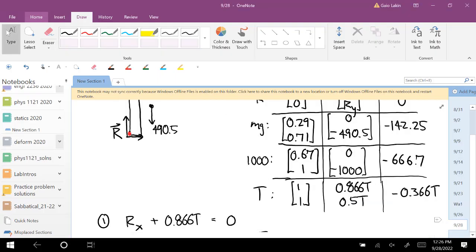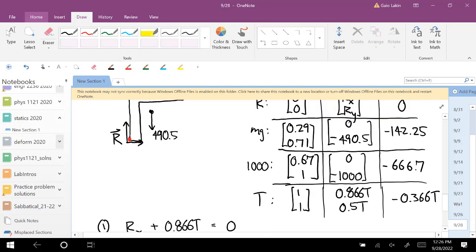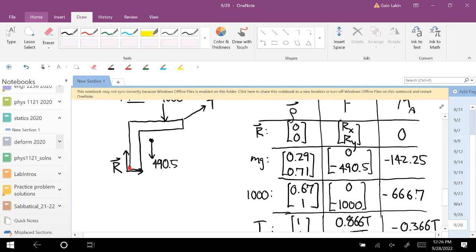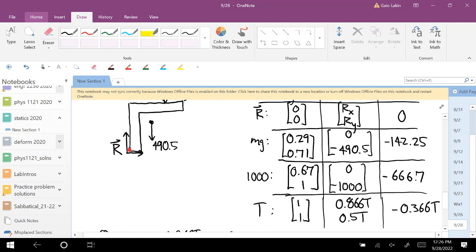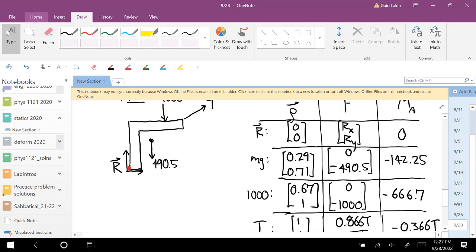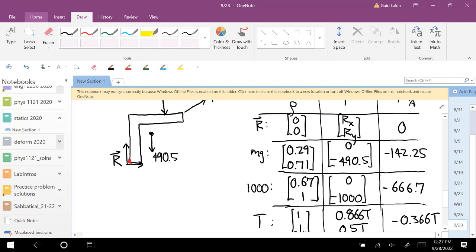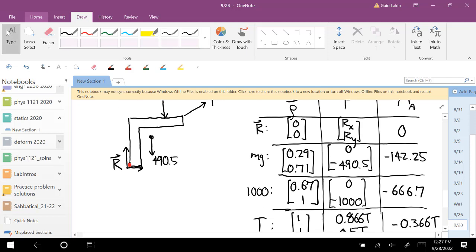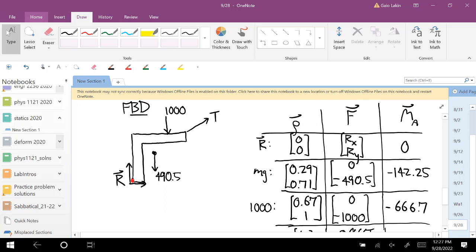Okay, well, we should be able to find that. So the moments. The weight force is going to produce a negative moment. That makes sense. The 1,000 is going to produce a negative moment. That makes sense.